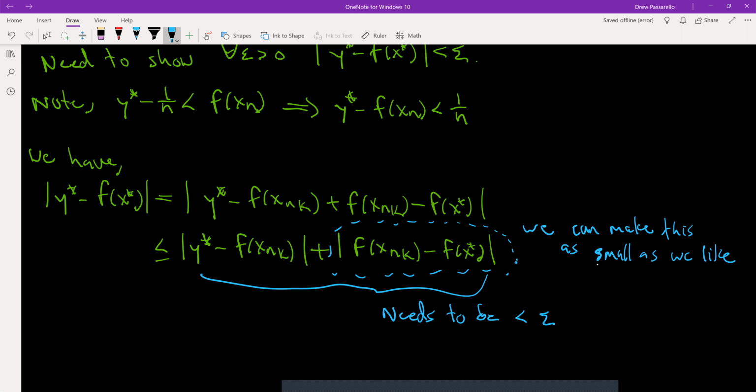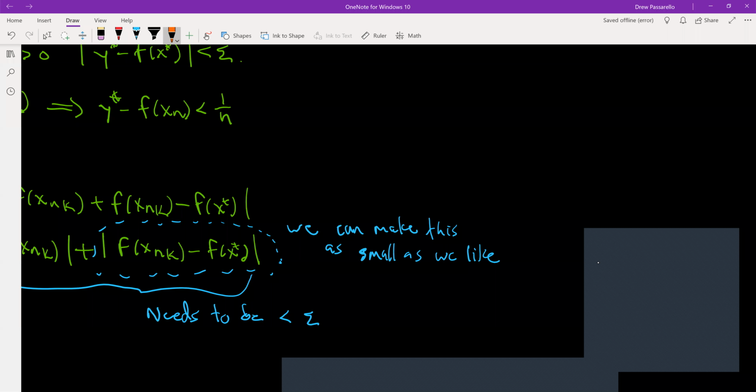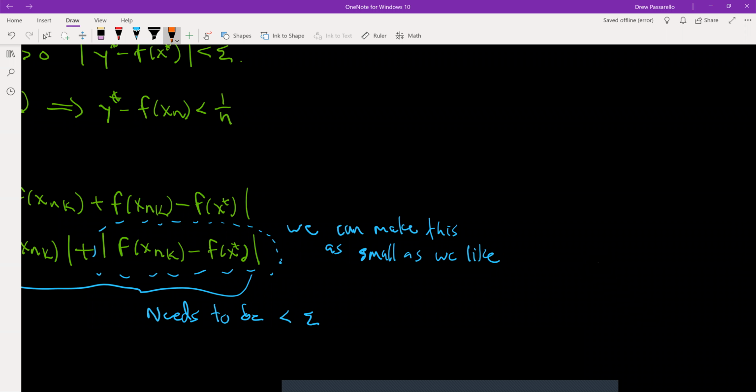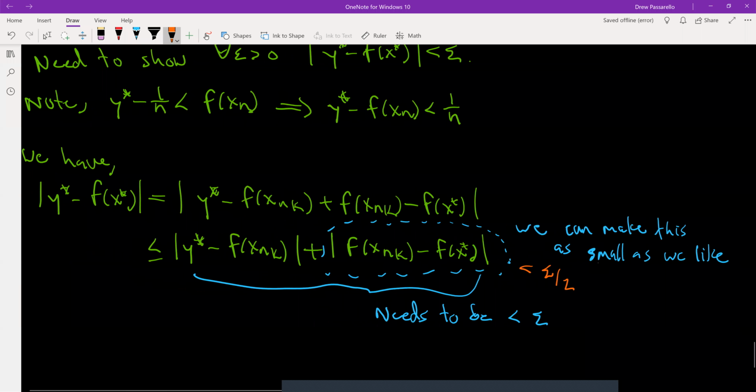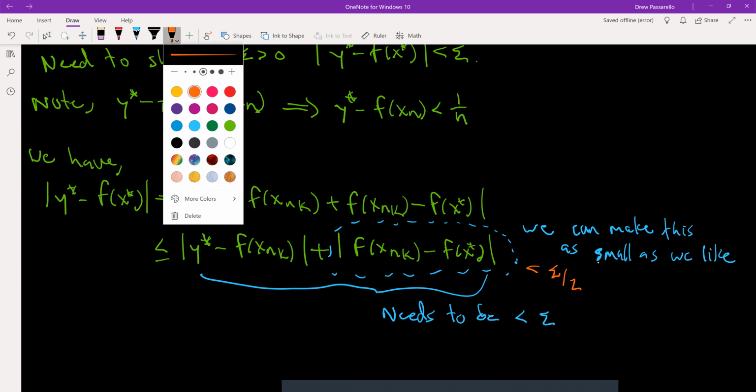We're going to make it so that it's epsilon over 2. So we can make this as small as we like, less than epsilon over 2, which means we want to make the other thing less than epsilon over 2.